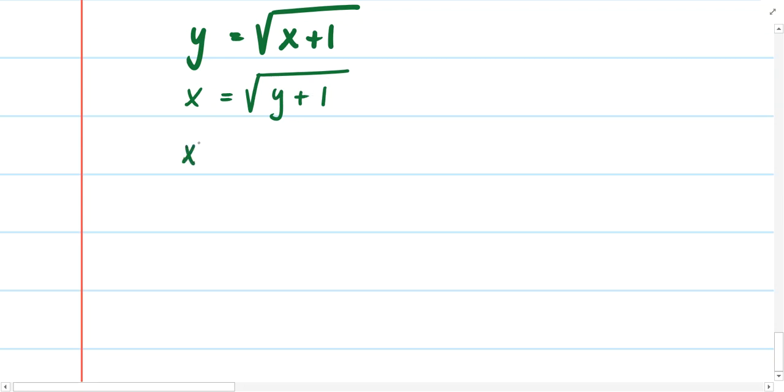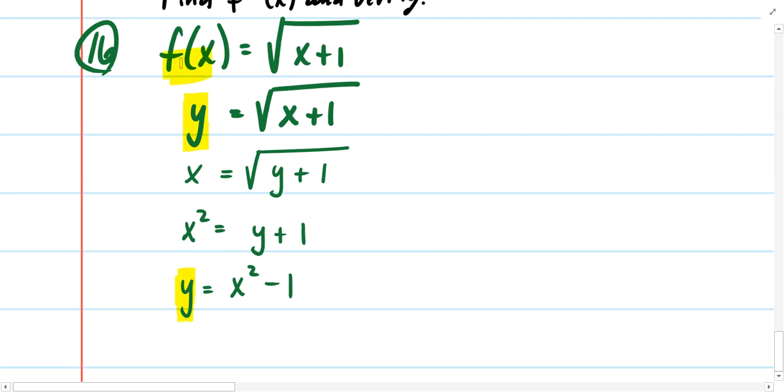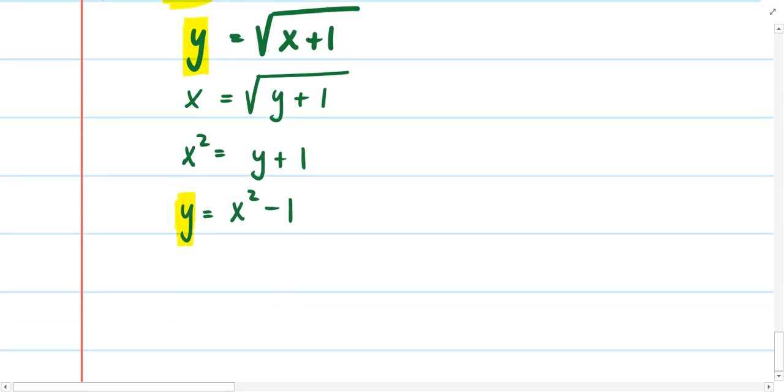If I square both sides of the equation, I'm left with x squared equals y plus 1. And if I subtract 1 from both sides of the equation, I'm left with y equals x squared minus 1. Now this y that we ended with is not the same as the y value we started with. The original y value happened to represent f of x.